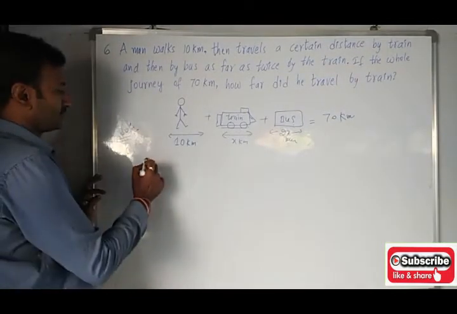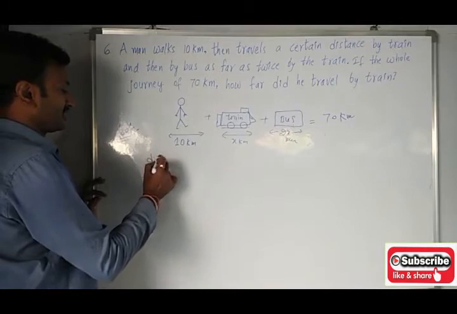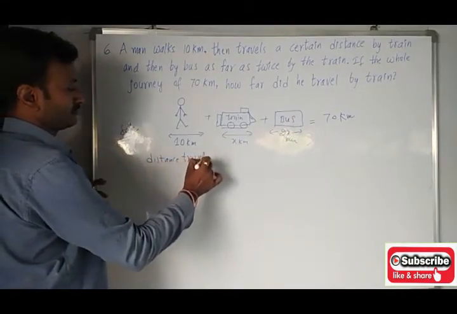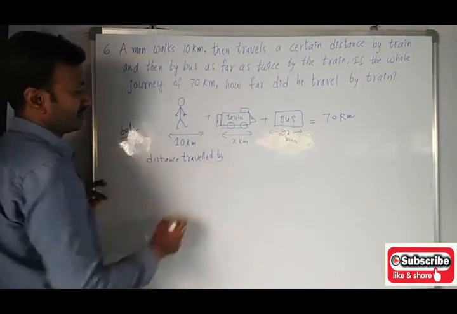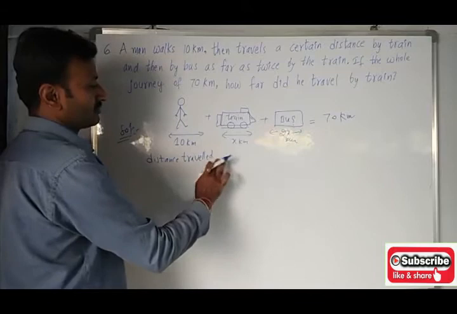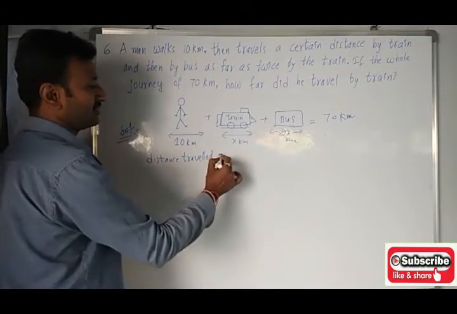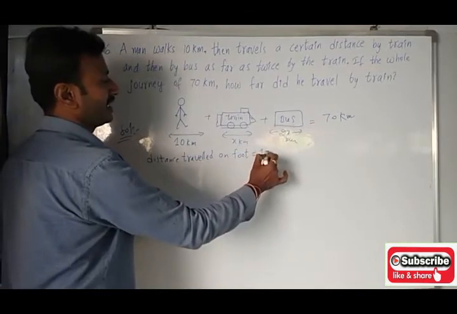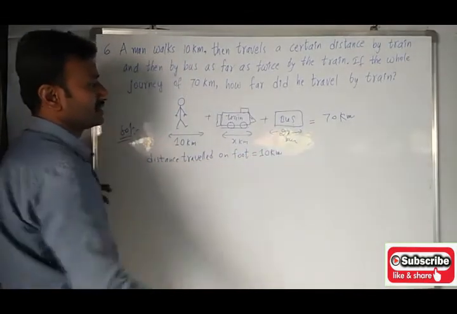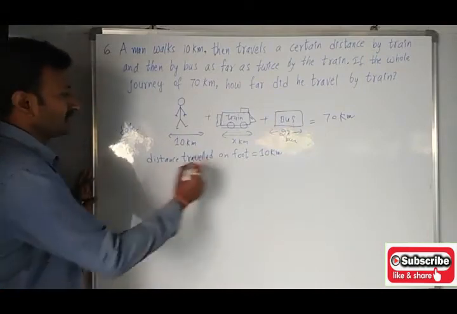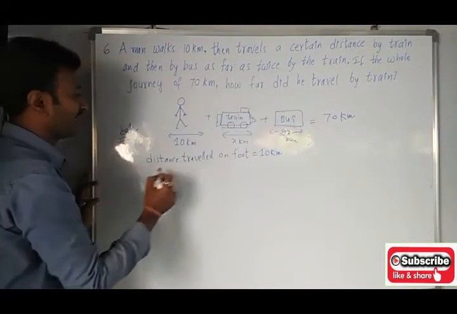Now we will write the distance travelled on foot. How many kilometers? 10 kilometers. Distance travelled on foot. By train how much?